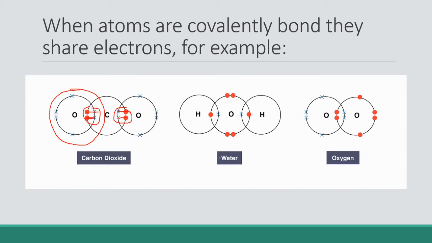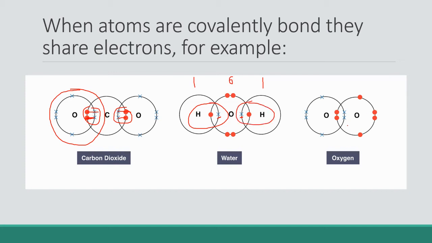Water is also a molecule that shares electrons. In this case, oxygen has 6 valence electrons. Hydrogen, remember, only has 1, and this hydrogen provides 1. Hydrogen and helium are small, so they only need 2 electrons to have a full shell.